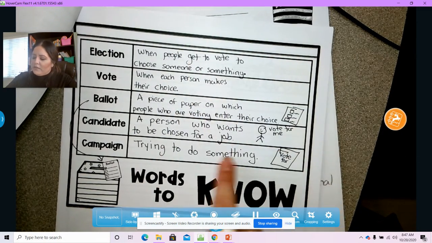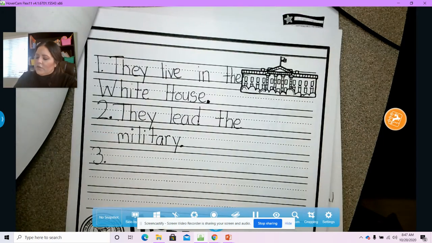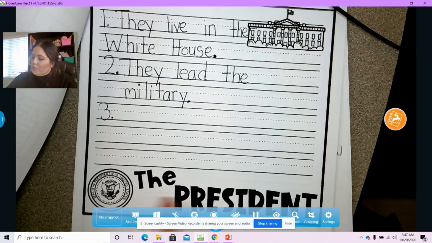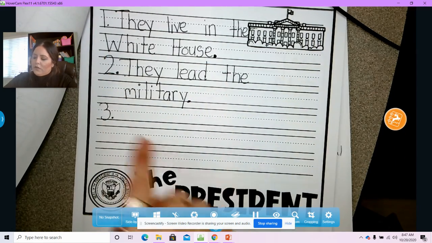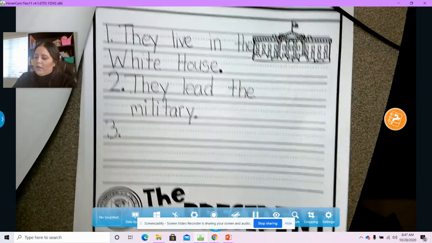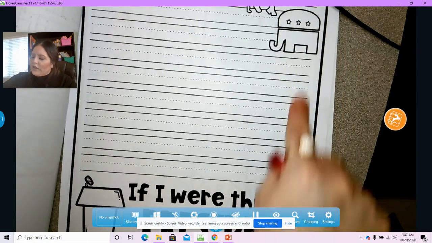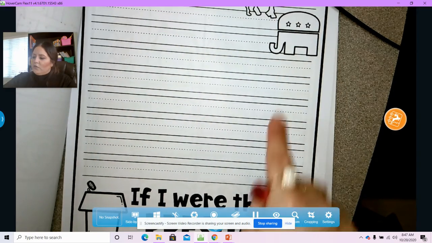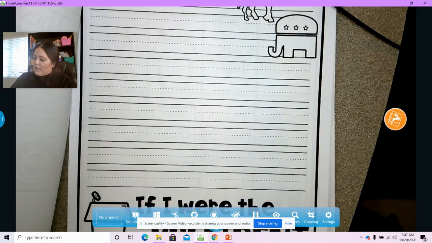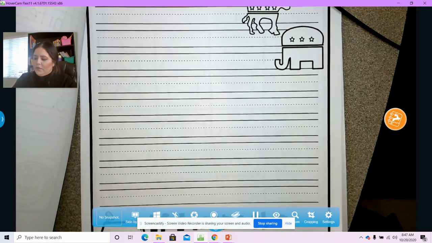Don't color the boxes with words, just around. You're going to color this one, but just around. Don't put color on the words, okay? And then this one. Again, you can color around it. So you can color the elephant, the donkey, this, but do not color the words, okay?